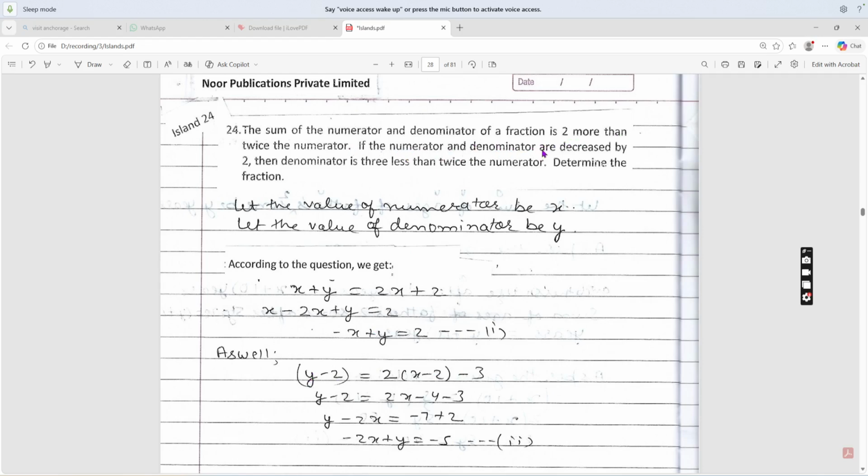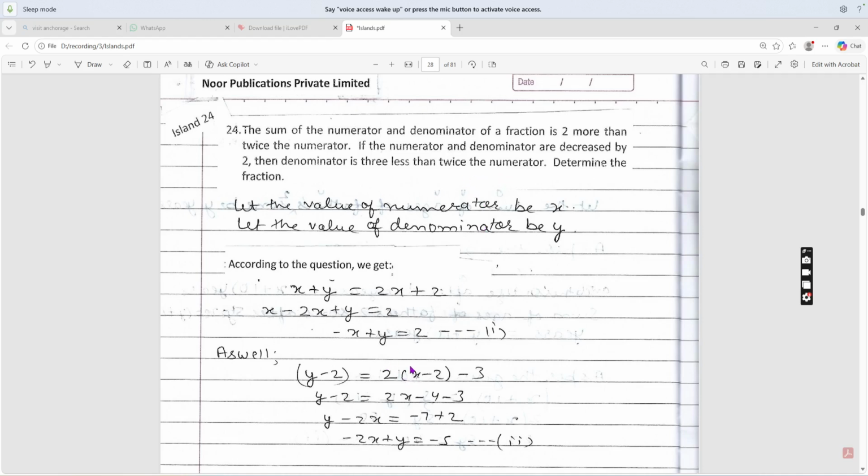If the numerator and denominator are decreased by 2, then the denominator is, it means instead of denominator we put y minus 2, and 'is' means equal to. So y minus 2 is equal to 3 less than twice. 3 less than means minus 3, because less than stands for minus. Then twice the numerator.